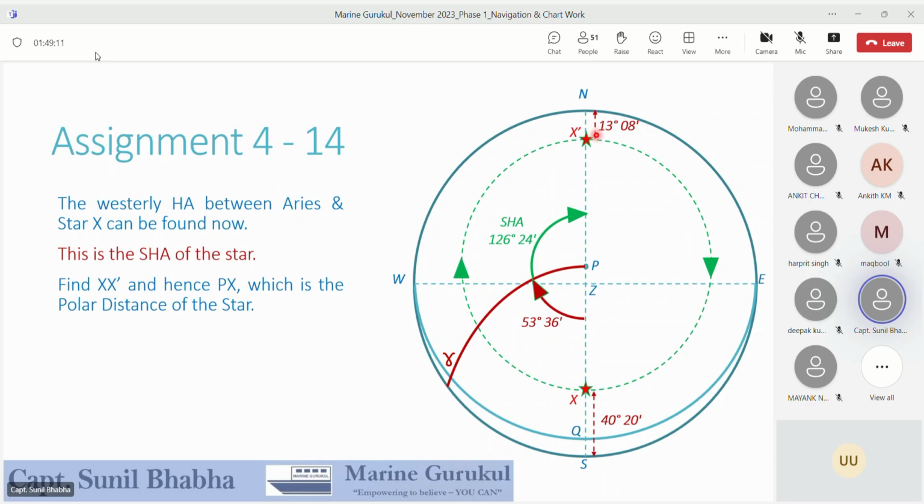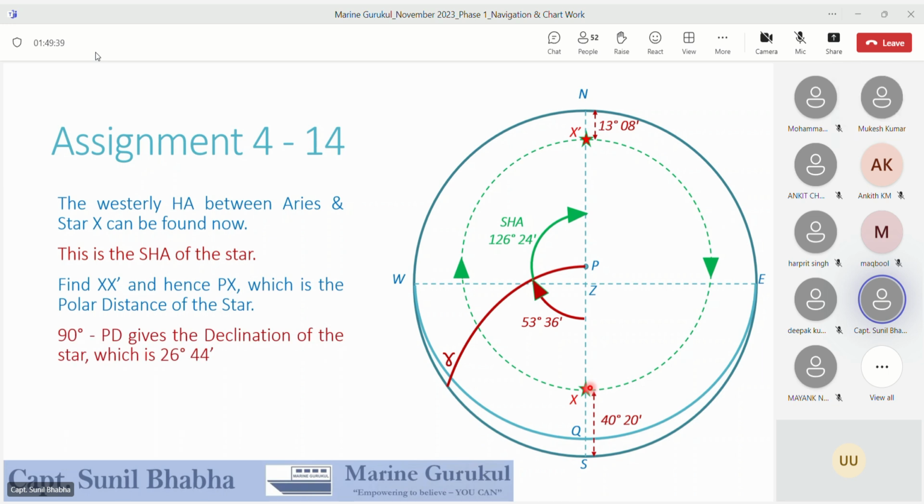Now, if I subtract NX dash 13 degrees 08 minutes and SX 40 degrees 20 minutes from 180, I can get the diameter of this particular circle. So 180 minus 13 degrees 08 minutes minus 40 degrees 20 minutes gives me the diameter of this circle, which is XX dash.